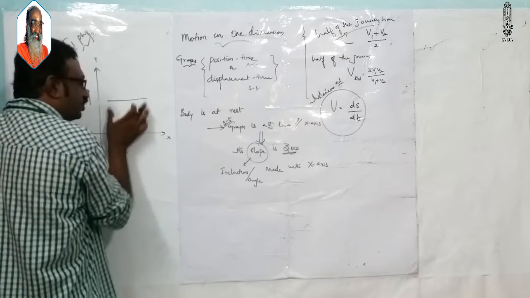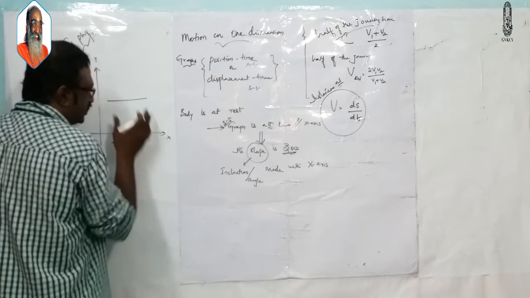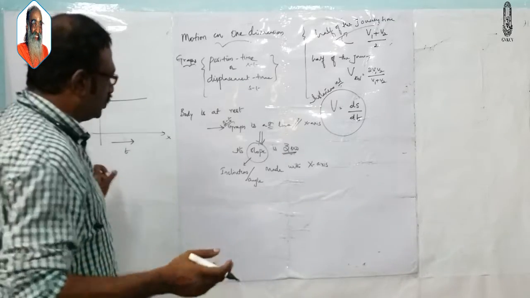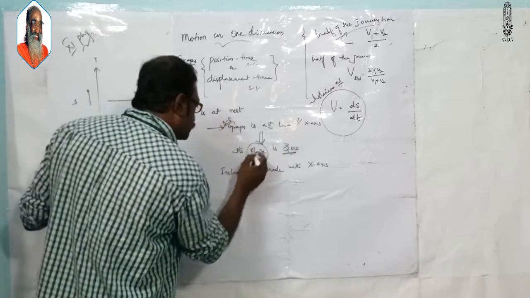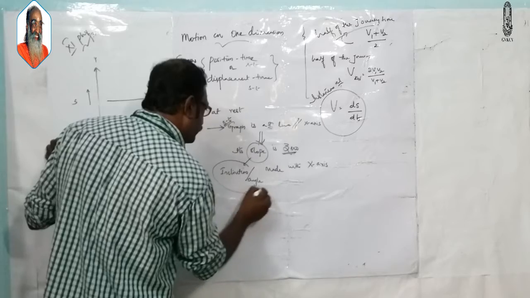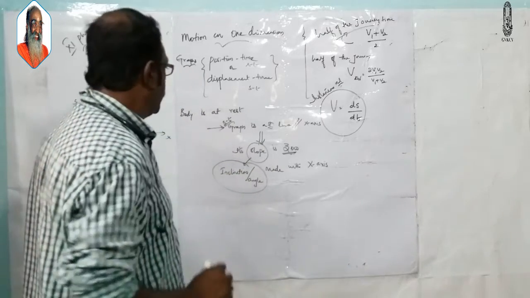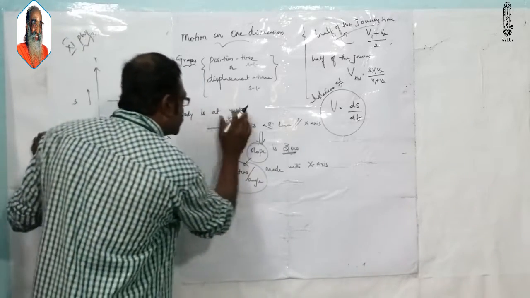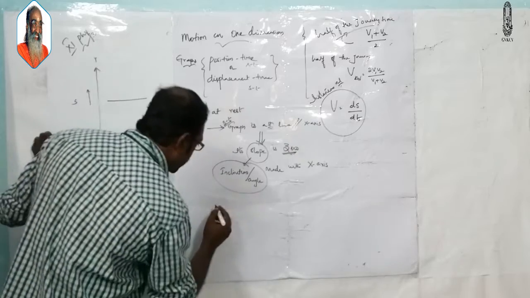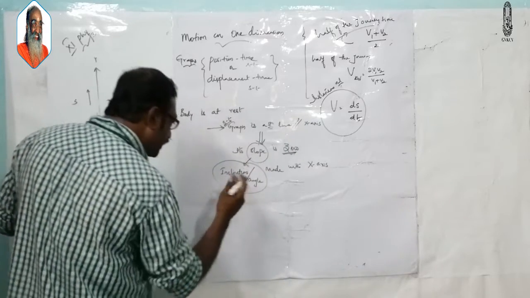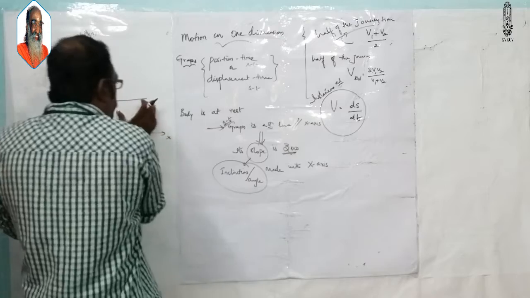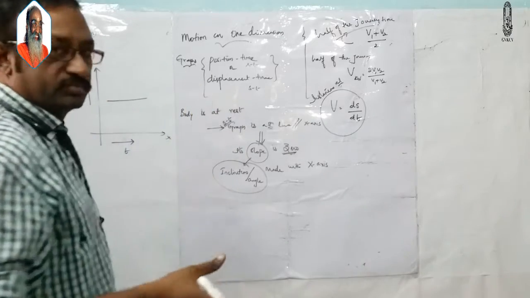There is no angle. If it is parallel to the x-axis, the angle is 0. So what is the meaning of slope? It is the inclination made with the x-axis. Okay. So here the body is at rest. Then its slope is 0. It means that what is 0 for this body? Its velocity is 0.